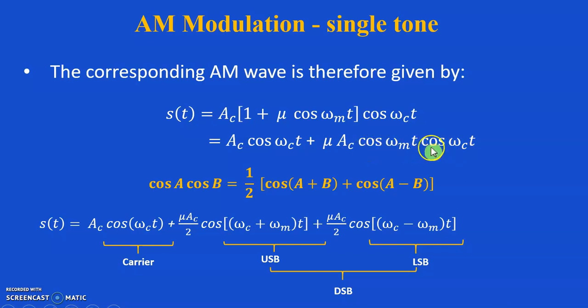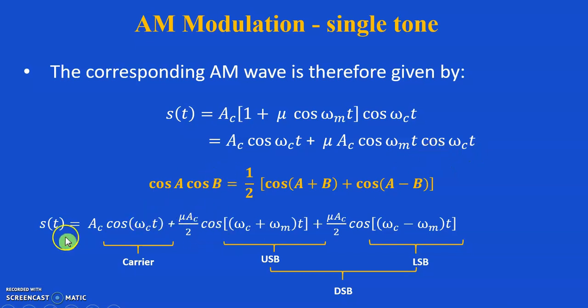We can use the identity cosine A cosine B is equal to half cosine of the sum of the two angles plus cosine of the difference between the two angles.